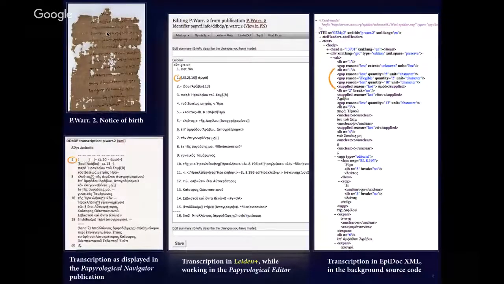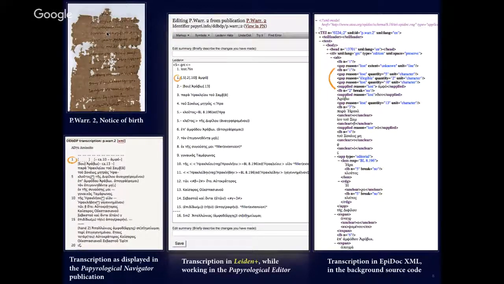As we can notice, tags make the XML encoding a bit verbose, as for instance, the first line of the transcription of this text needs 5 lines of encoding in an XML environment, and they could be even more in other cases, whereas only 1 line of code with just small changes to the text are needed in the Leiden Plus transcription.